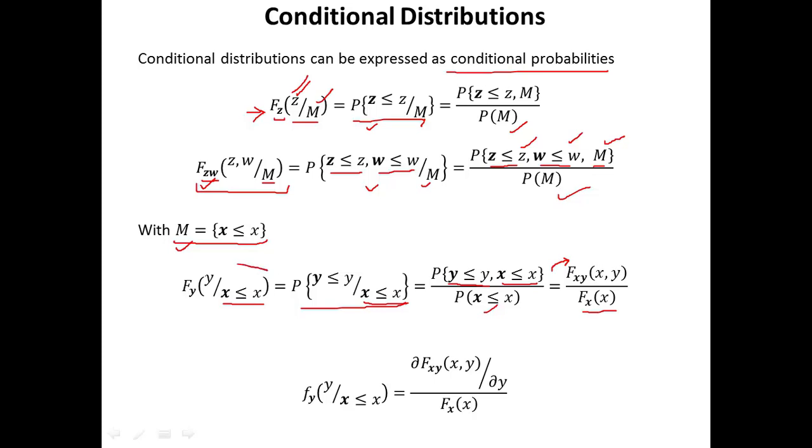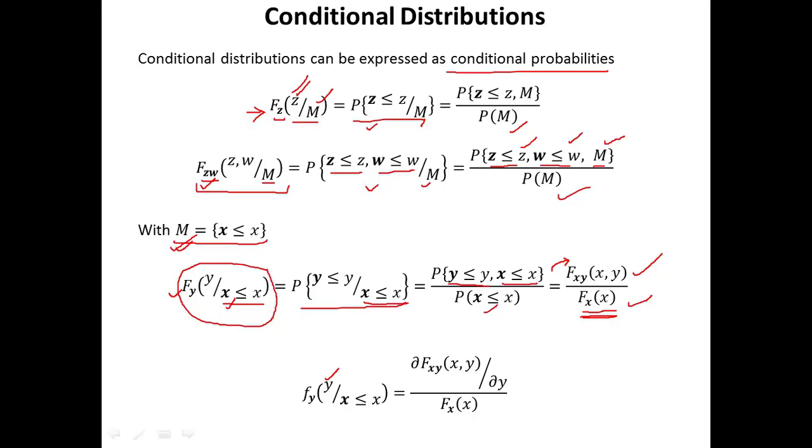So this conditional distribution function can easily be obtained by considering the joint distribution function of the two random variables divided by the CDF of one of the random variables, and the CDF used in the denominator will be for the event that happens before, that is the event M. Similarly, in the same manner we can define the conditional density function, which is given as small f_Y of y given X less than or equal to x, and this is nothing but the derivative of this conditional distribution function with respect to the random variable y.